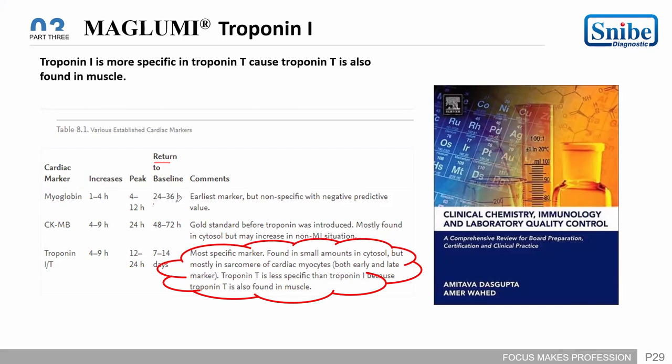The values return to baseline after 24 to 36 hours. It's the earliest marker, but non-specific with a negative predictive value, which is also a drawback for myoglobin.